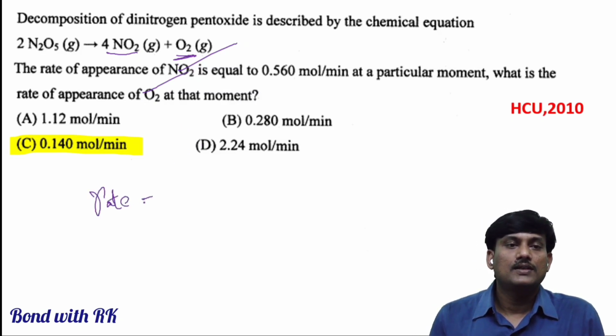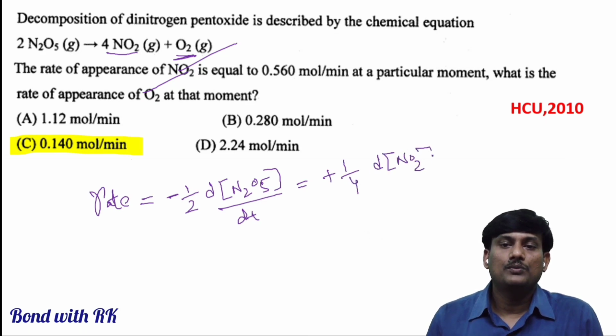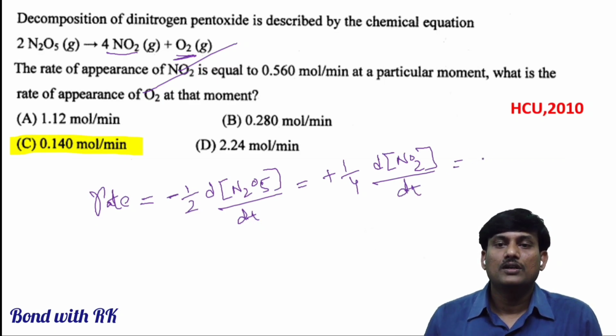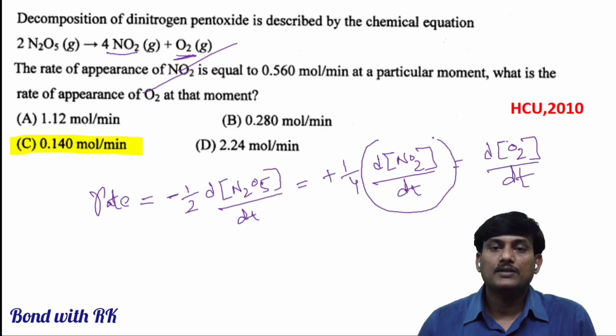Rate is equal to minus 1 by 2 d[N2O5] by dt is equal to plus 1 by 4 d[NO2] by dt is equal to plus 1 by 1 d[O2] by dt. This is the rate relation. This one is the rate of appearance of NO2, and this one is the rate of appearance of O2.